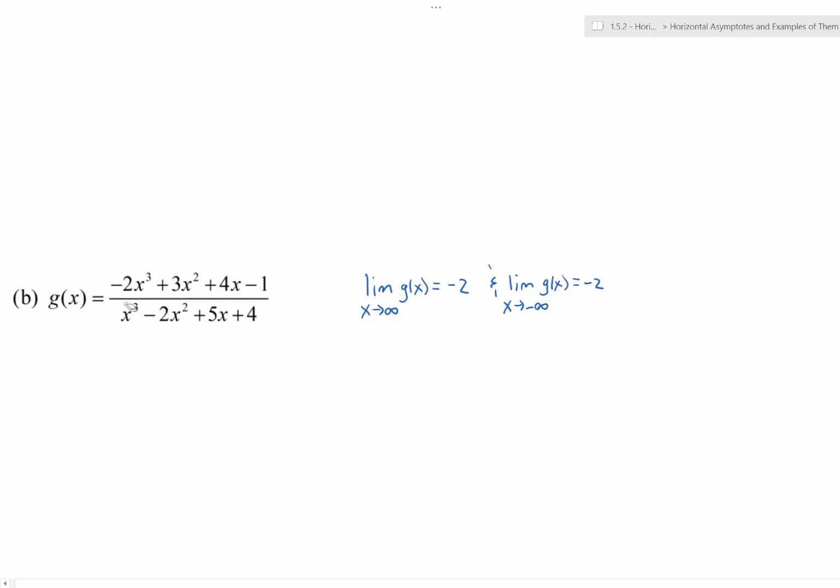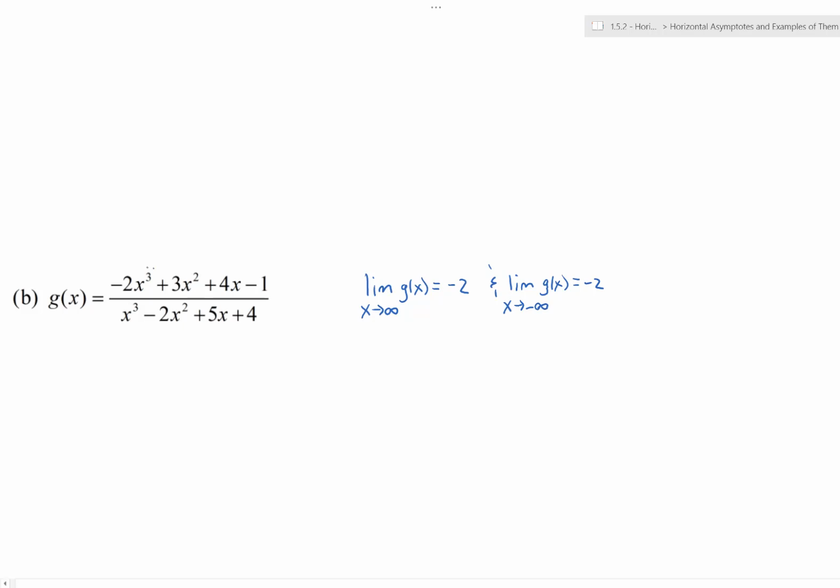What I'm about to show is only relevant for when you're looking at the long-run behavior of a rational function in particular, but there are kind of similar methods in some cases for other types of functions, which we'll look at in this video as well. And that is what you do if you want to do it algebraically, is you look at the highest exponent on the variables out of all the different terms in the rational function.